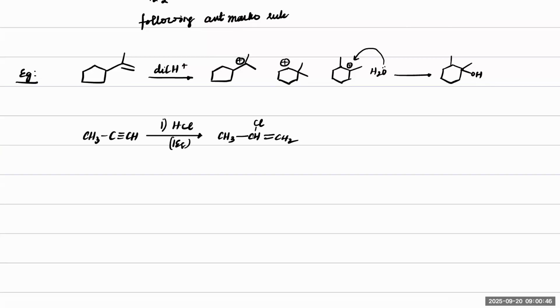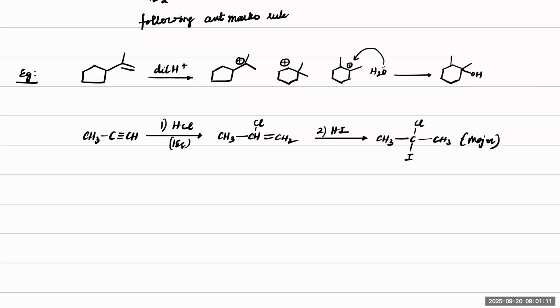But if this is followed by a second mole, which is HI, the addition will again take place at the same position where chlorine was, and you will get this as the major product. Clear how the addition has happened?